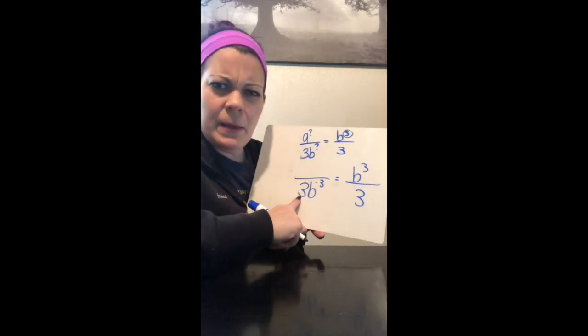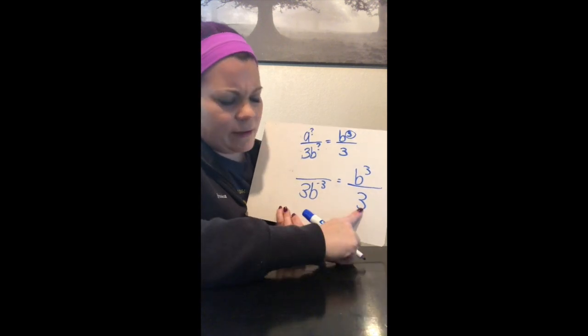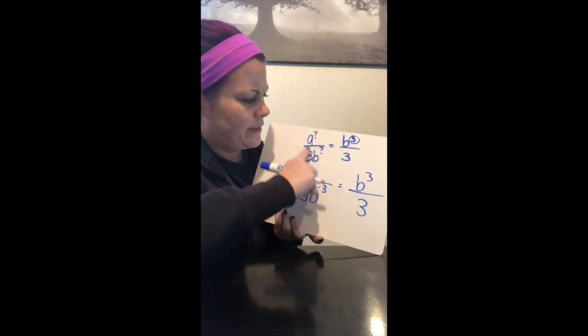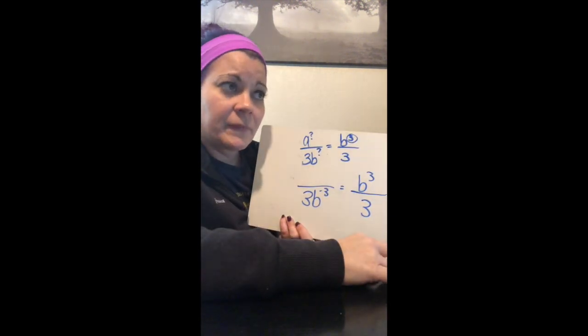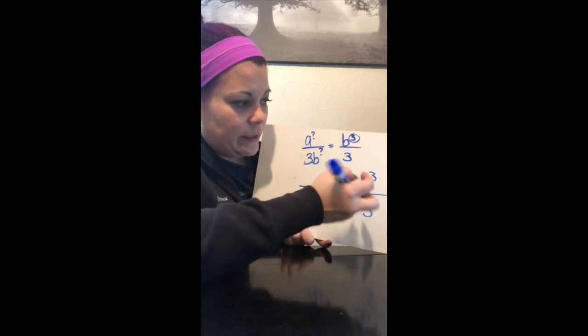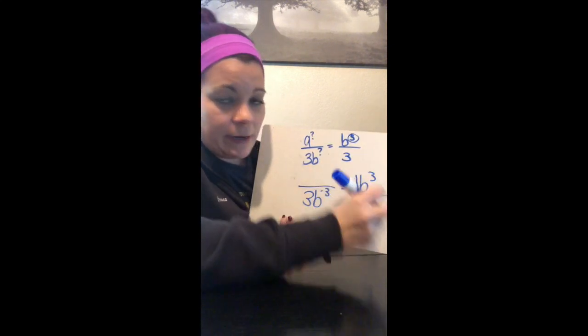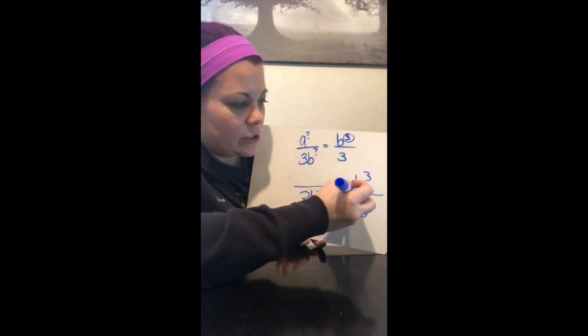But then we're like, well, how did this 3 stay on the bottom here, but the a was gone? There's no a in my final answer. Well, a to the what power would give you 1, because technically there's a 1 right here in front of that b, right? But we just don't ever write it because it's always understood.